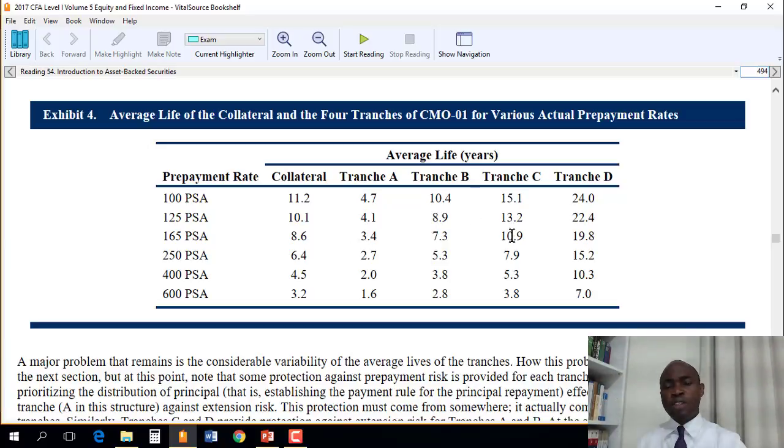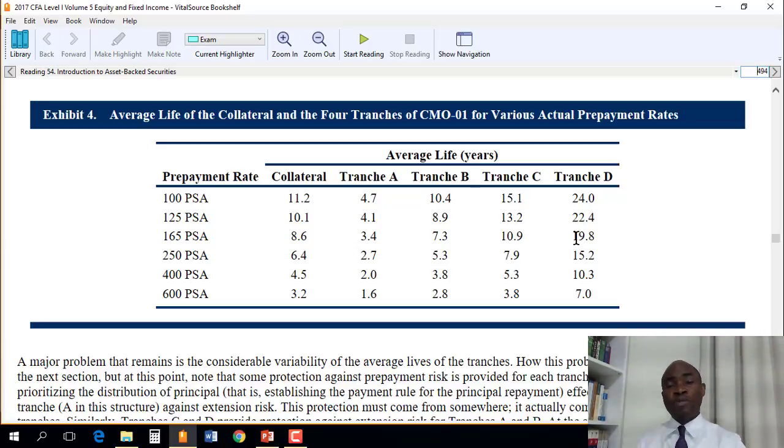Whereas these 2 tranches, the later tranches C and D, are exposed to what we call extension risk. Because these ones are exposed to contraction risk, on the other hand they are protected from extension risk. So we say that tranches C and D give protection to tranches A and B against extension risk. Same thing here.